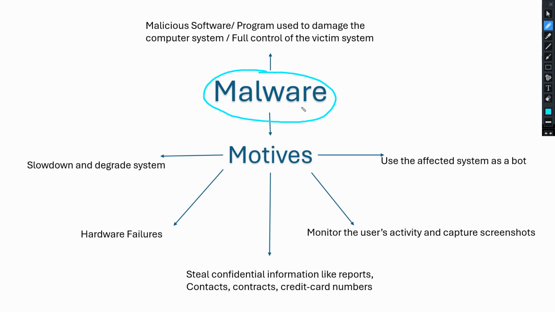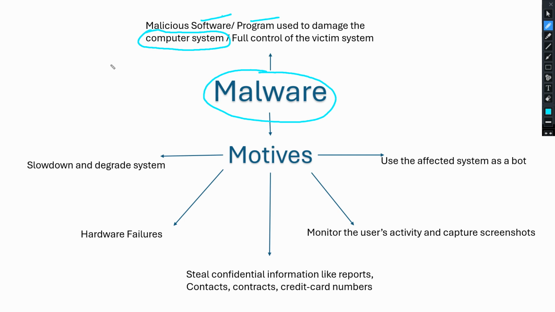So what is malware? Malware is a kind of software, right? It's a kind of software or a program like any exe file or any DLL file. It could be a file, it could be a program, it could be a software, okay, that is used to damage the target. Target would be anything, but I am considering here our computer system.